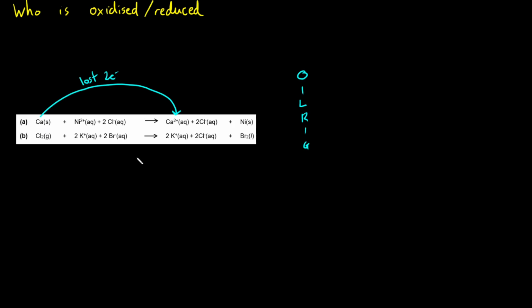So in part A, who's being oxidized? That is our calcium, and the calcium is turning into the calcium 2 plus ion by losing 2 electrons.